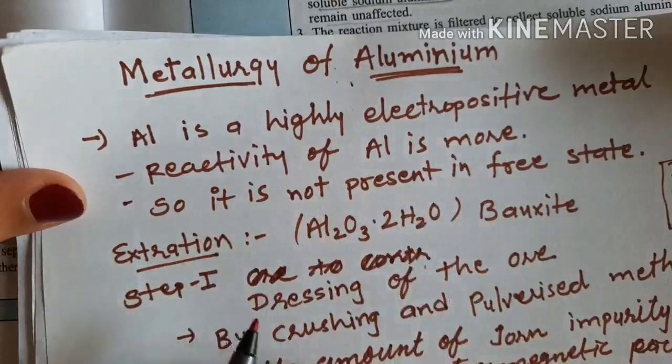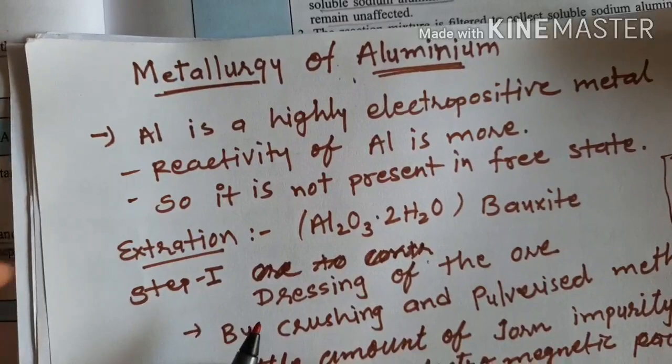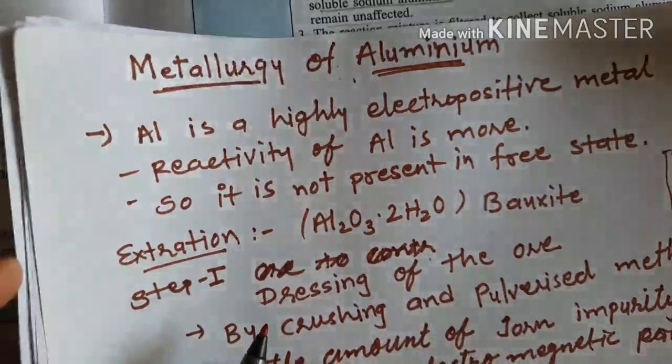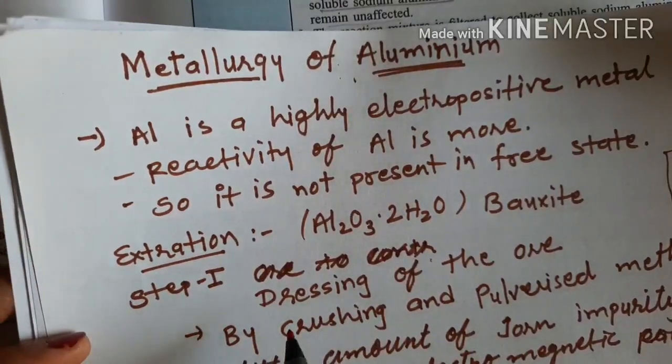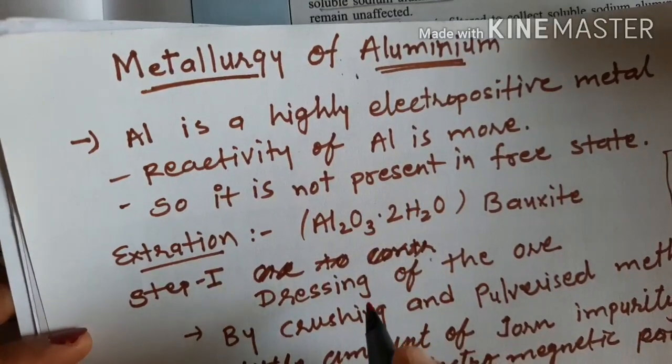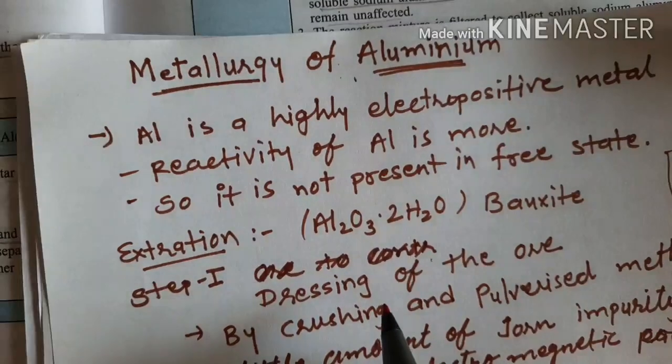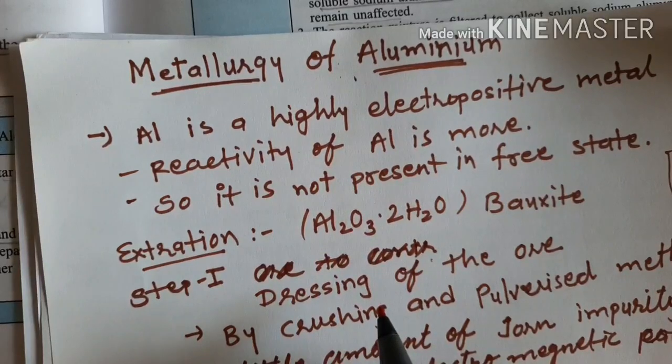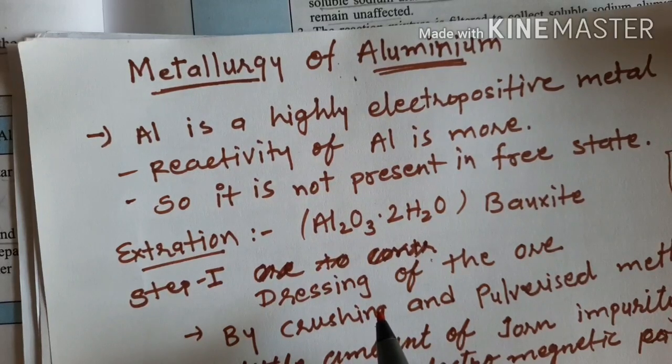Now for the extraction of aluminium, in your textbook it is given there are four ores: bauxite, corundum, cryolite and aluminite. But nowadays you know that aluminium is the first element, the most abundant in the earth's crust.